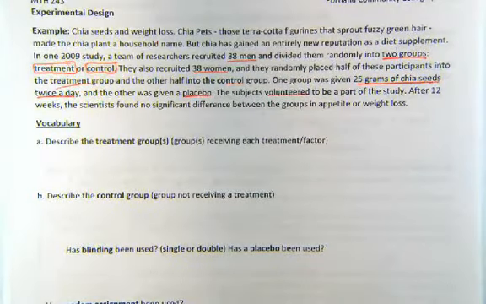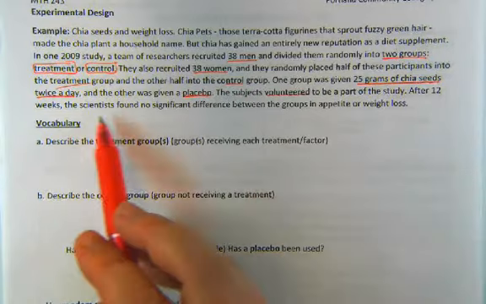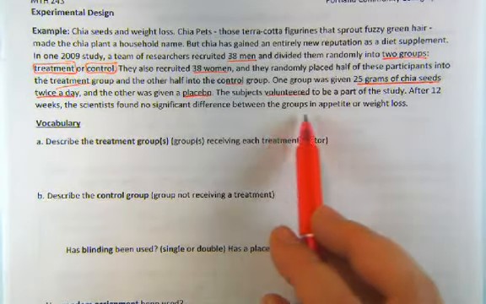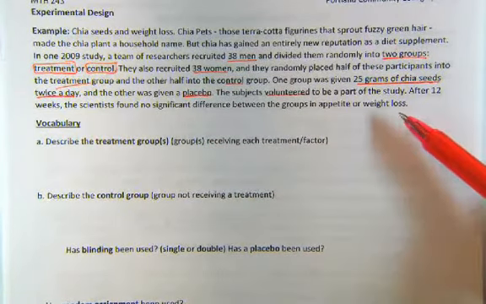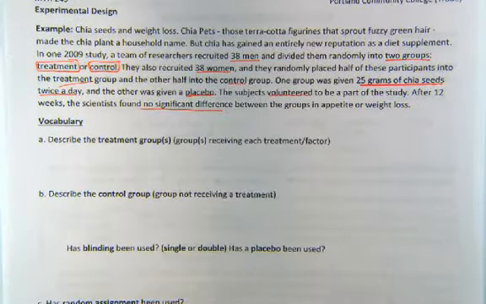So, with those pieces that they describe up above, let's go over some vocabulary while applying it to this example. Describe the treatment groups. This is the group receiving the treatment or factor. And we have two treatment groups.